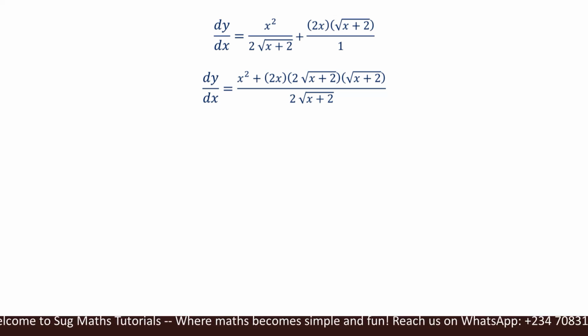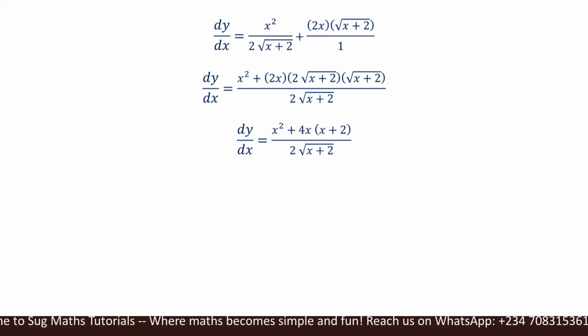And when we say square root of x plus 2 times square root of x plus 2, the root is going to disappear, right? We are simply going to have x plus 2. So therefore, in the numerator, we are having x squared plus 4x in bracket x plus 2 all over 2 of square root of x plus 2.